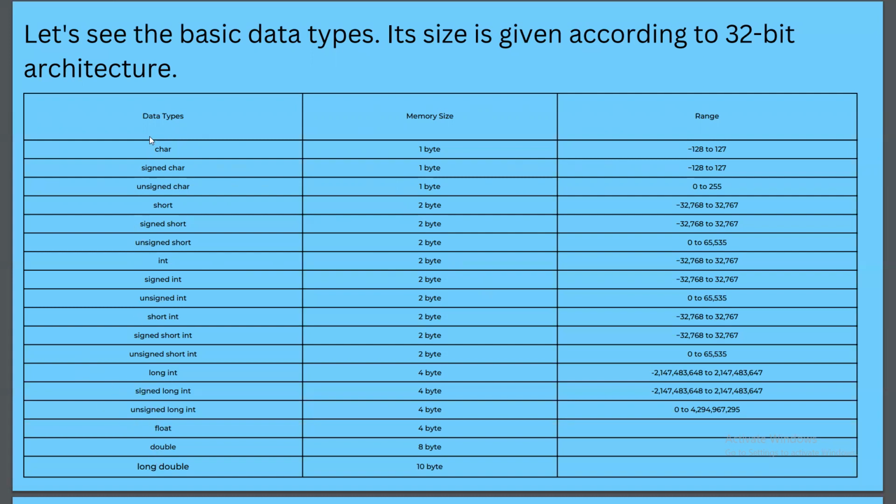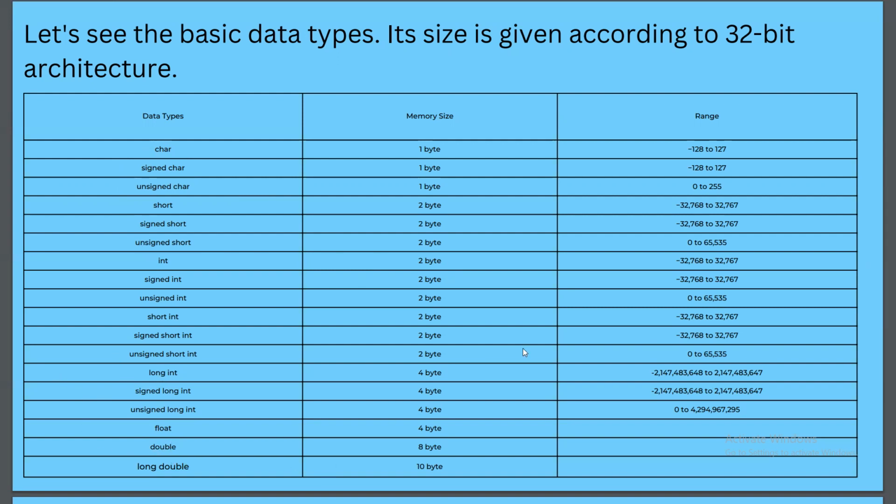These are the four data types whose memory size and range are important to remember. So please learn these. The first one is char. The second one is integer, that is int, which contains 2 bytes in a 16-bit architecture. And the third is long, float, and double.